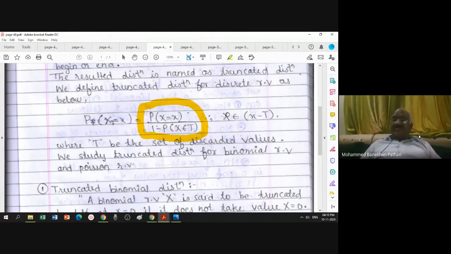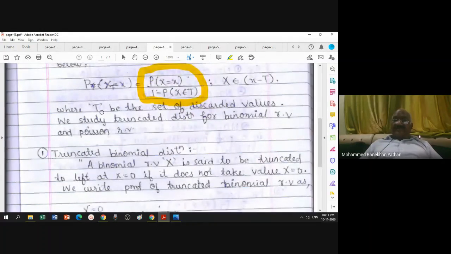What is the range of your variable? X belongs to X minus T: the original set minus the truncated set. So this is the new range of the truncated random variable. This is the general definition of getting a truncated distribution for any random variable X under study.